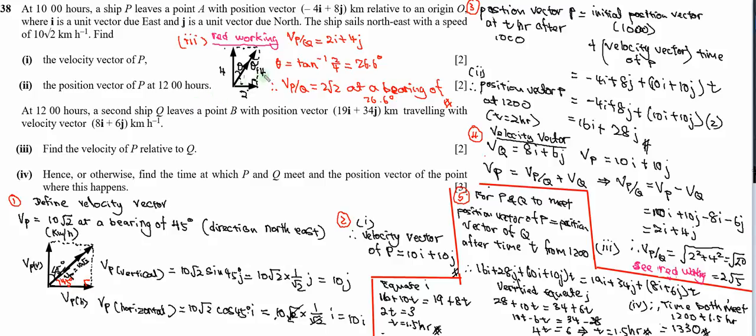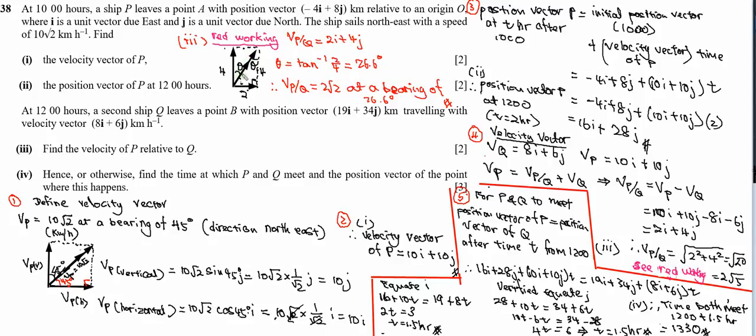The angle would come from this 4J and this 2I of the velocity vector. If you work out this angle, it is the bearing of this arrow, which is the velocity of P relative to Q.